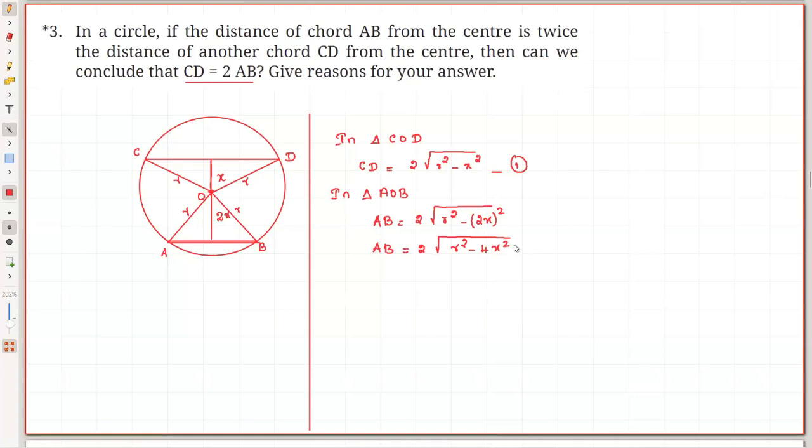Now what do we have to check? We have to compare CD with 2 times AB, not just 1 times AB.